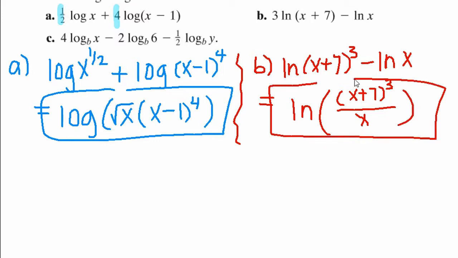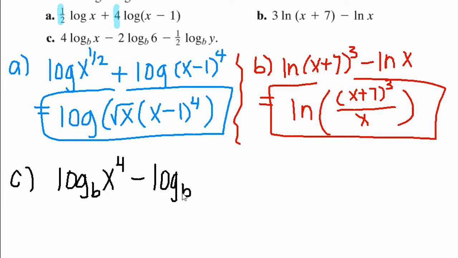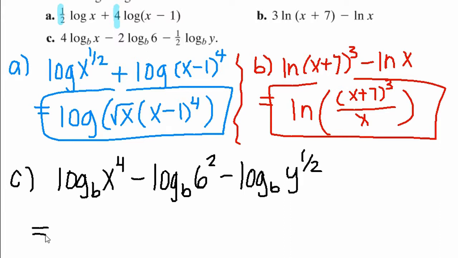All right, and on C, now I have 3 of them. So I first get rid of that multiplication in front by making it an exponent on each of them. And then subtraction goes in the denominator of a logarithm, and anything positive goes on top.